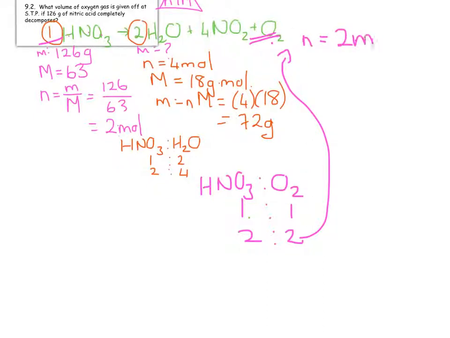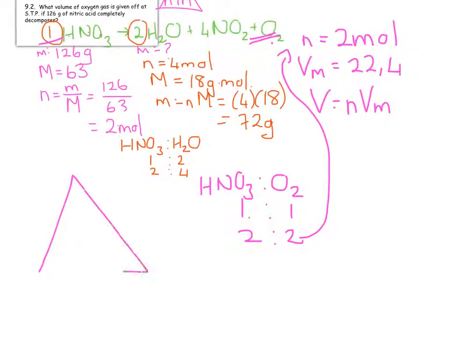They're not asking me for mass. They're asking me for volume. So it is a gas. It is at STP. So I can use molar volume, which is 22,4 dm³ per mole, and I am going to get volume is equal to number of moles times molar volume. And if we're looking for a triangle on that, it's number of moles, volume, molar volume.